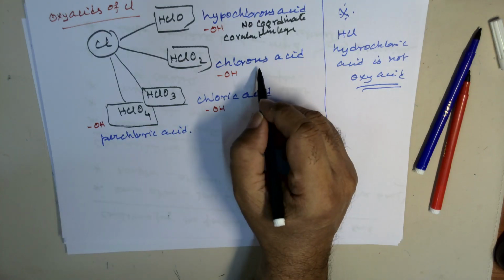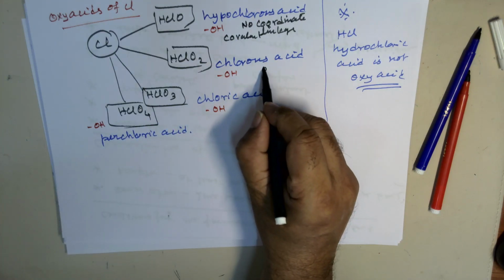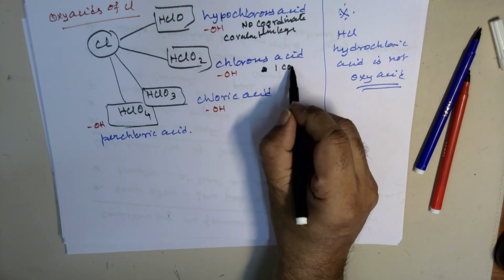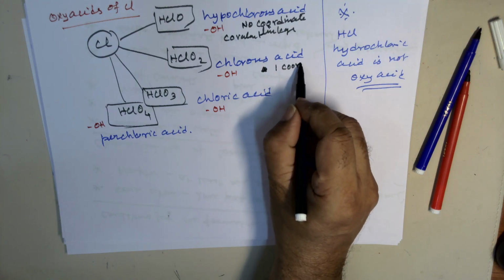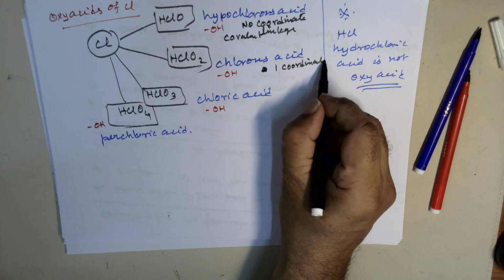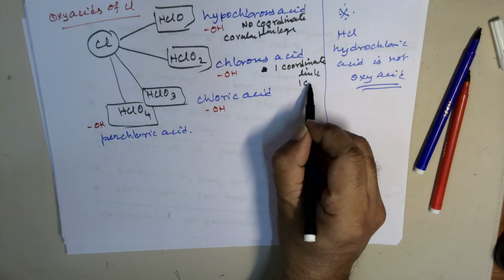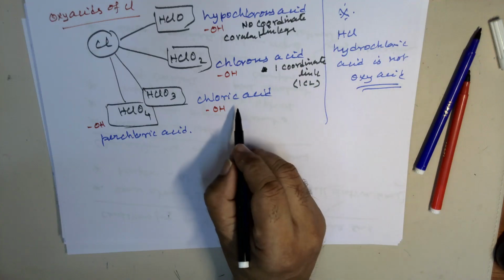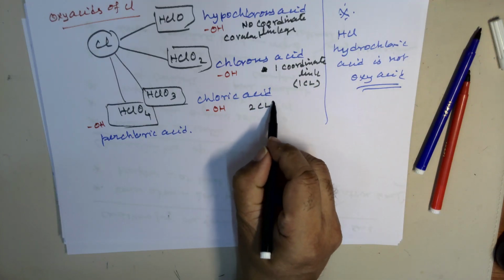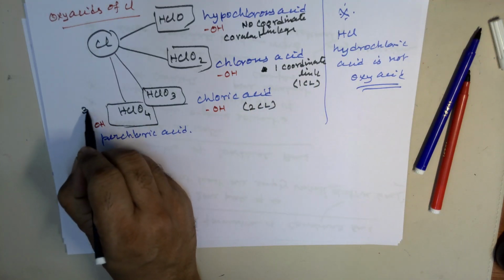Whereas the remaining have coordinate linkages: one here, two here, three here.